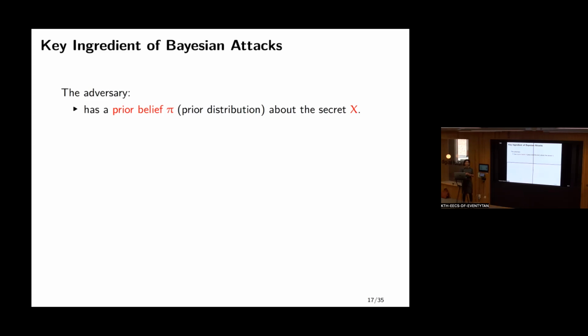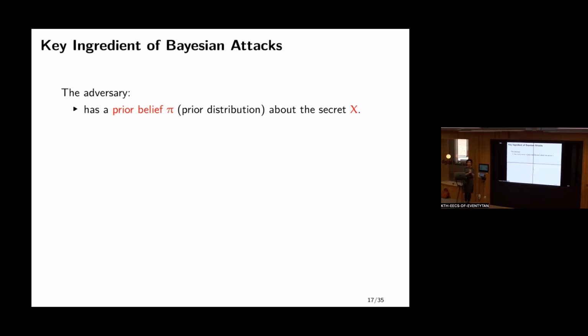So for people for whom the concepts may not be fresh in their minds, I just want to summarize what I mean by a Bayesian attacker. There is an adversary with the following properties or actions. First of all, it chooses a prior belief pi about how the secret is distributed.